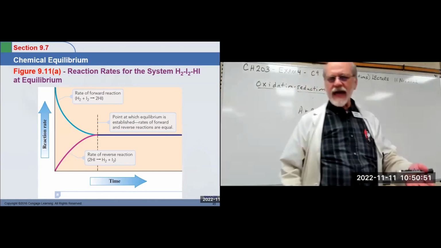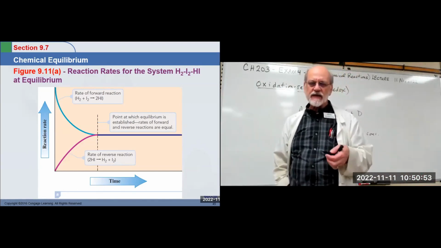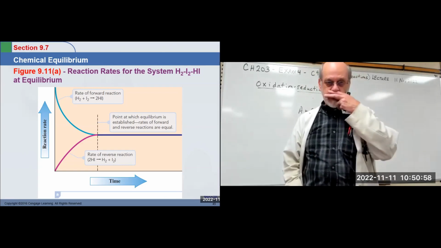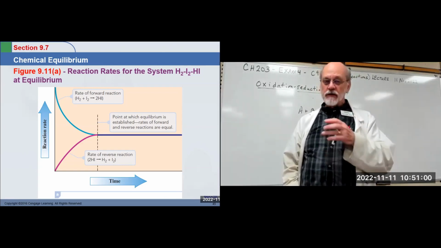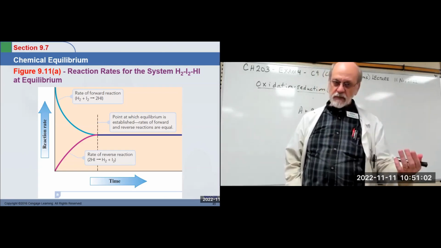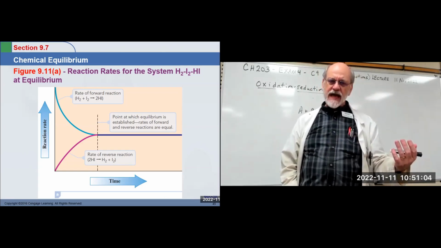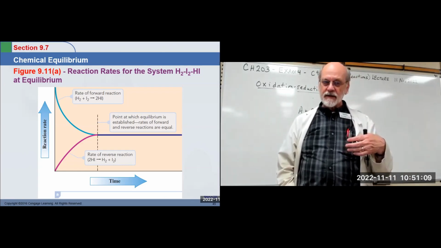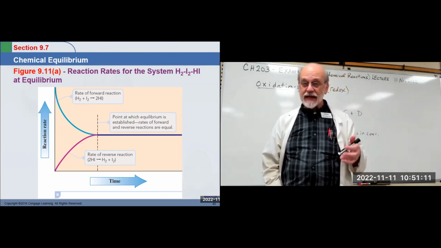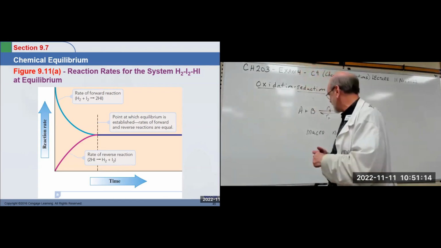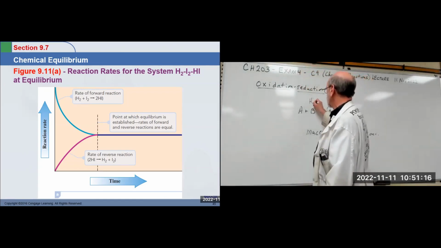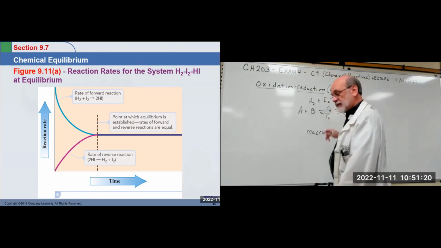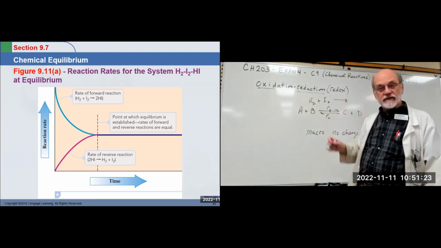This is one way of looking at it. For this reaction where hydrogen gas and iodine are combined to make hydrogen iodide in the forward reaction, the reverse reaction is hydrogen iodide decomposing into hydrogen and iodine, right? And the reaction rates in the beginning, if we're starting off with hydrogen and iodine as our reactants, in the beginning the forward rate is all there is.